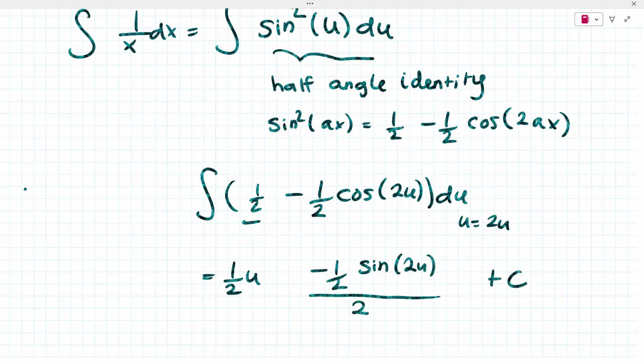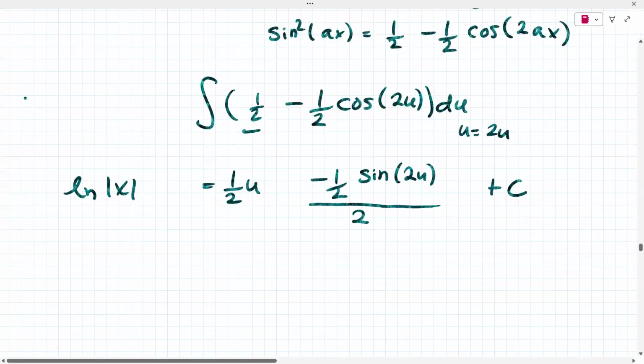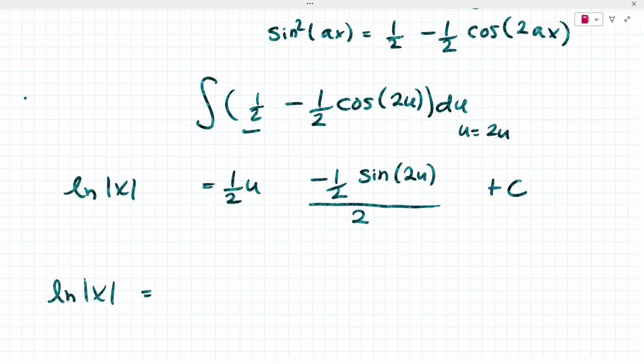And then what is the integration of 1 over x dx? It's the ln of absolute value of x. And so on the left, it's going to be ln of absolute value of x equals 1/2 u minus 1/4 sin of 2u plus c.